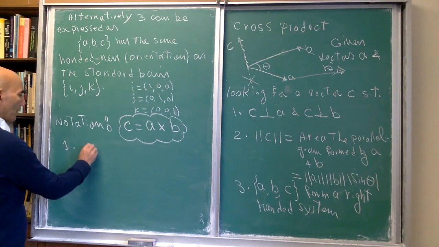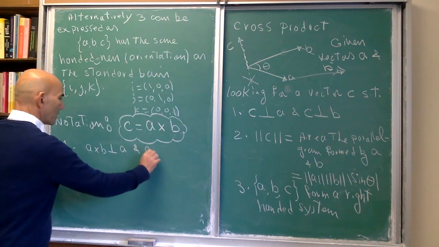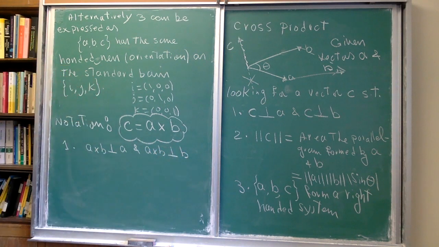Property 1 says that A cross B is orthogonal to A, and A cross B is orthogonal to B. That's nice. Very good.